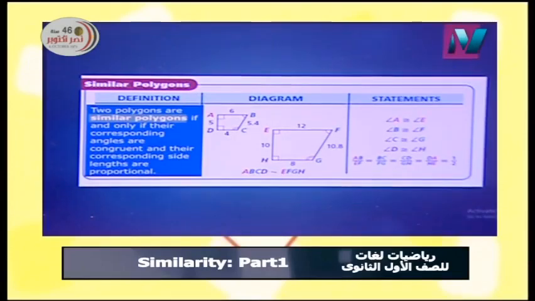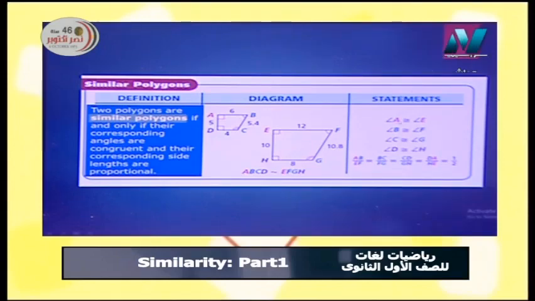Look here, we have a diagram, A, B, C, D, and another polygon, E, F, G, H. The definition of similar polygons is that the corresponding angles are equal in measure or congruent, and the corresponding sides are proportional.